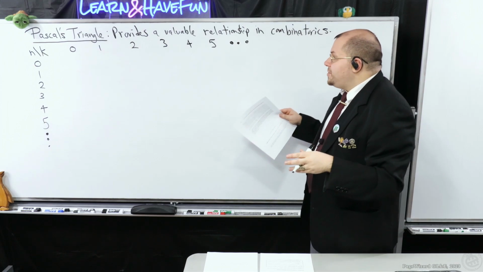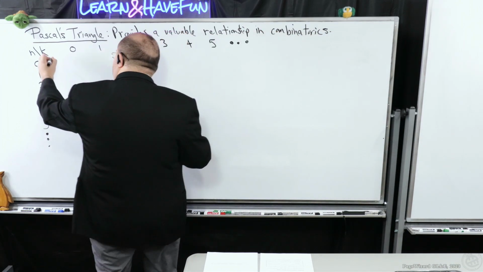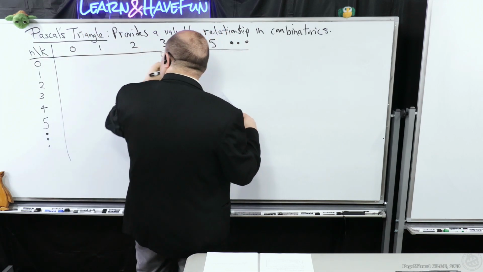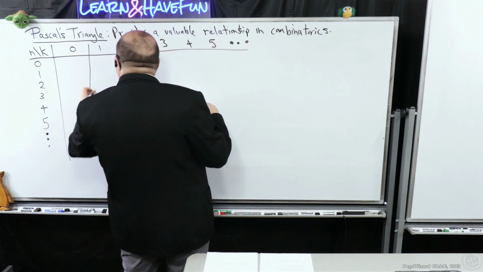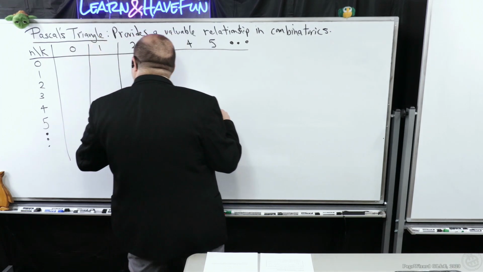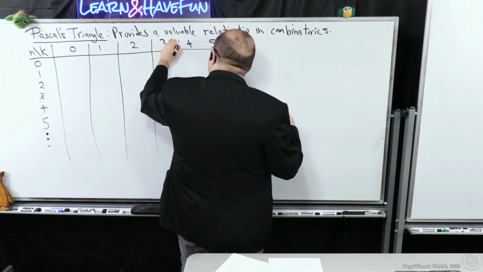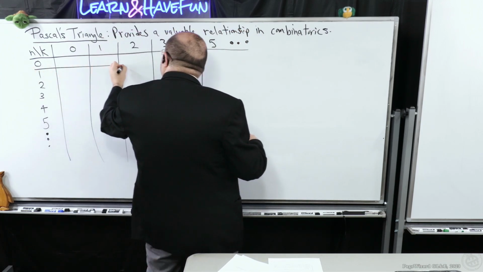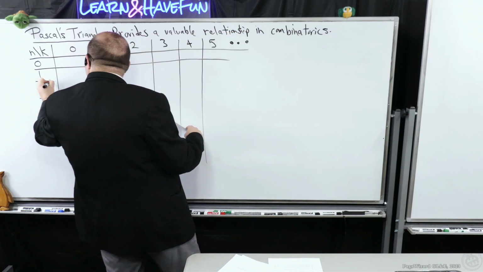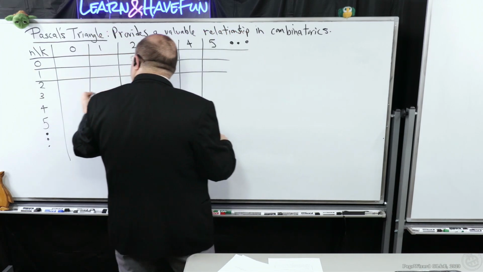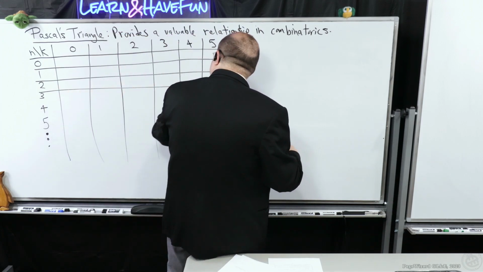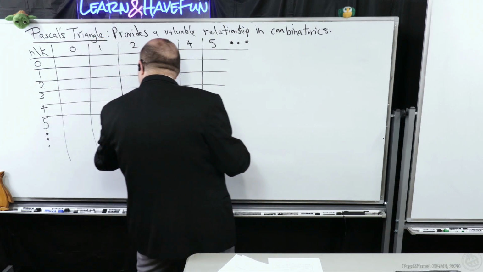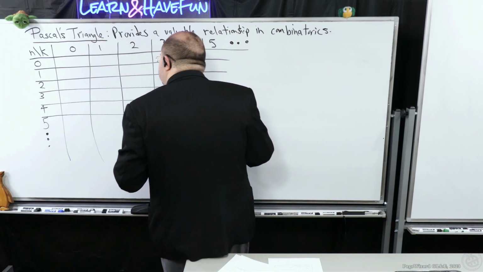So what we're going to do is build this table. I'm going to write a little bit smaller, but fortunately for us, that shouldn't be too much of an issue. Okay.